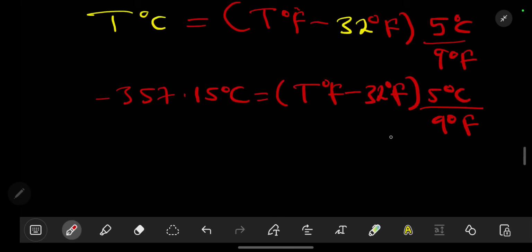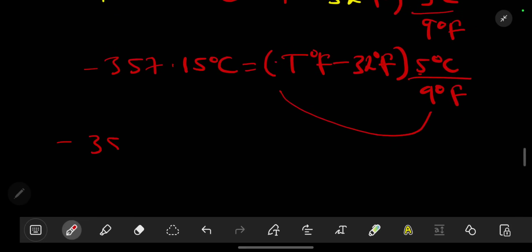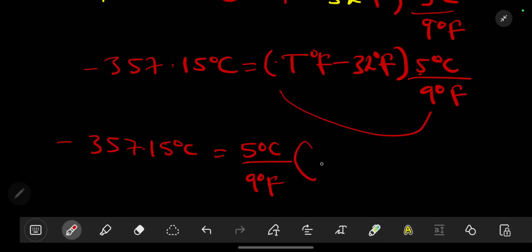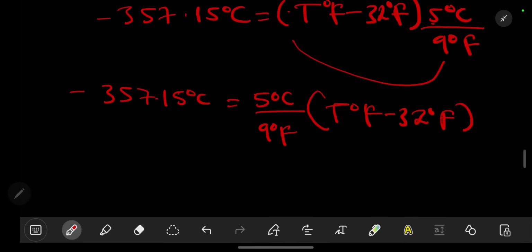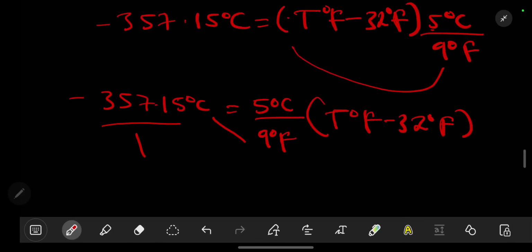So this is the same as having these numbers put in front. We have negative 357.15 degrees Celsius should be equal to, this is the same as having our 9 degrees Fahrenheit, then we have the temperature in degrees Fahrenheit minus 32 degrees Fahrenheit. With that done, we are going to cross multiply now.